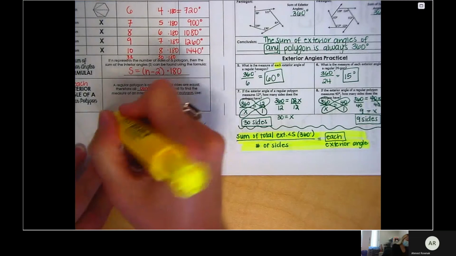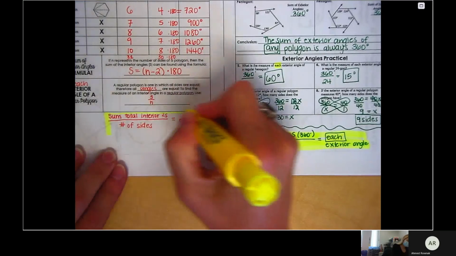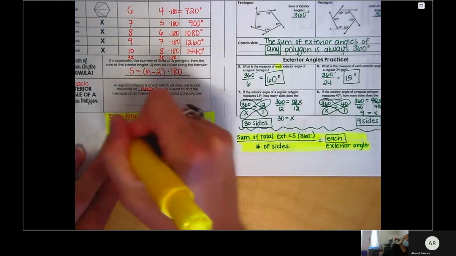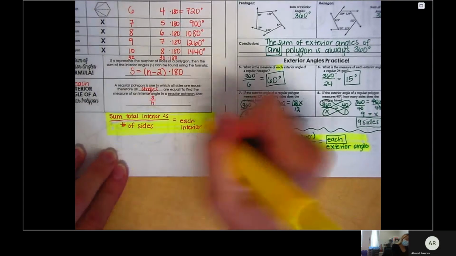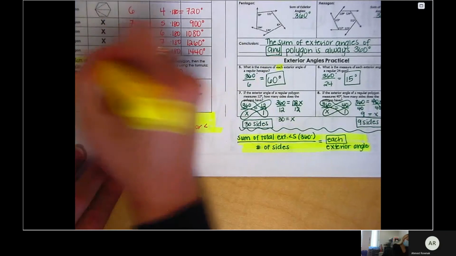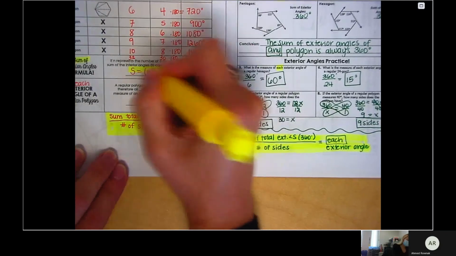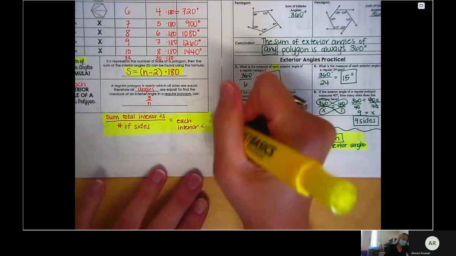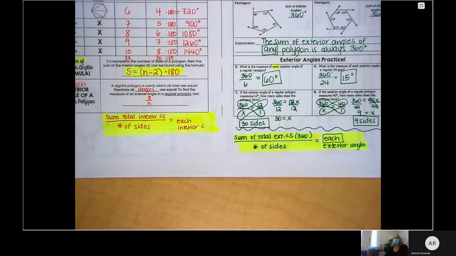I want you to highlight the interior angles formula. And then I want you to highlight the total sum of the interior angles as well. So then tomorrow when we go to do those equations on the back, you'll know to use one of those 3 equations that we highlighted.